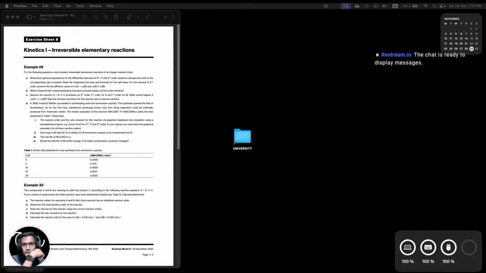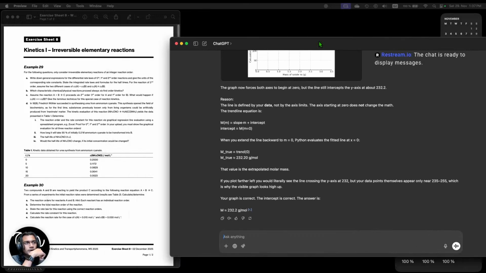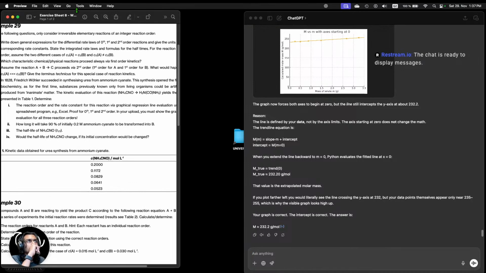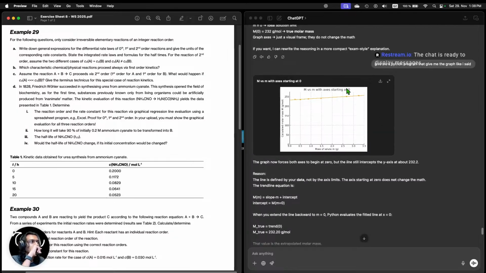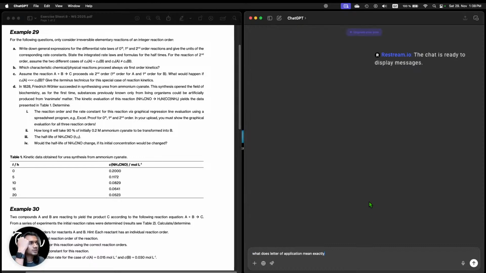If I remember, my last time I did biochemical kinetics, the stupid ChatGPT made an image, so I can't use this chat anymore. Followed by it.